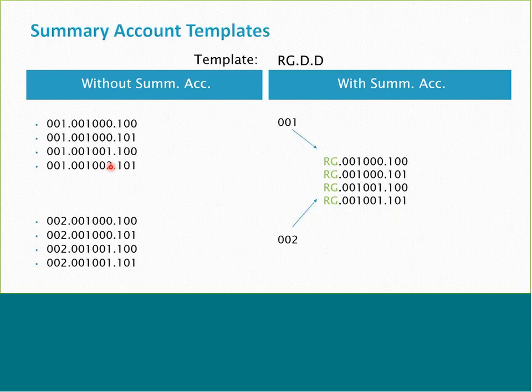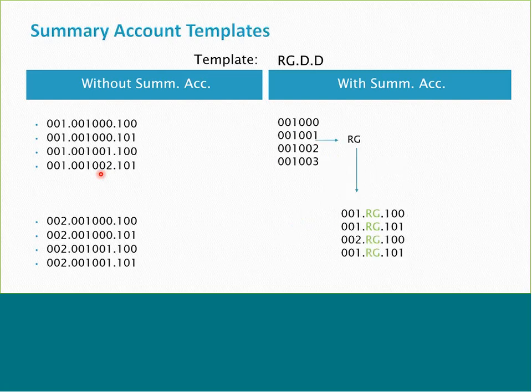Now, if we left this here, we would have another line, because this is another unique value. If this was actually supposed to be 1002 instead of 1001, then we would have another line under these summary accounts, because this is also another unique value.